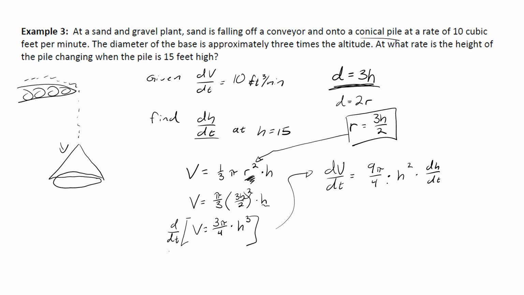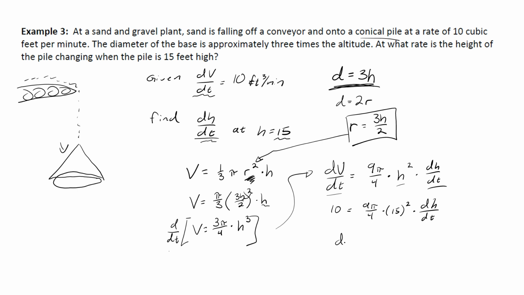Now that we're here, what we're going to do is substitute in our variables. And I do a quick check. I have a dV/dt, I have an h, and I have a dh/dt. dh/dt is what I'm trying to find. dV/dt is something that was given, and it's at h equals 15. So I have all the elements I need. So I get 10 is equal to 9 pi over 4 times 15 squared times dh/dt.